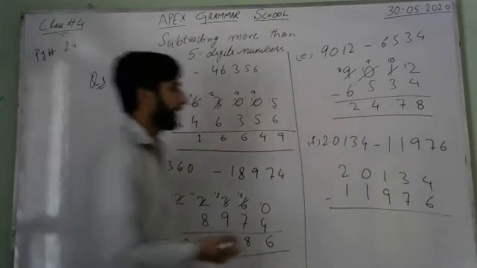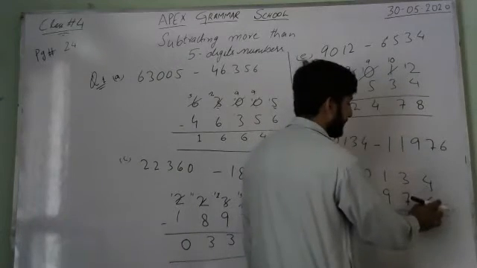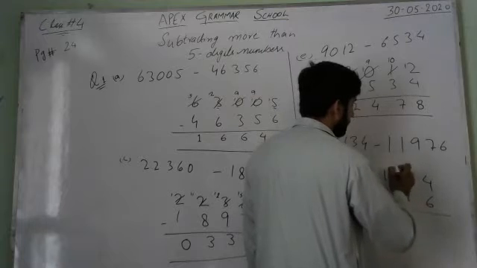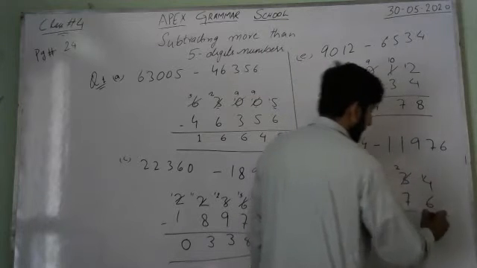Again, from the extreme right side, the first digit is 4 and the lower digit is 6. We will take carry from this 3. 14, 14 minus 6 is 8.